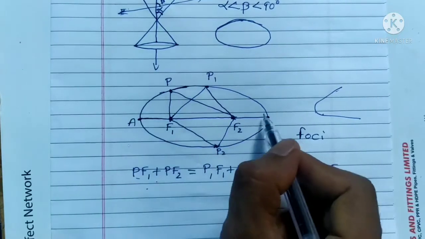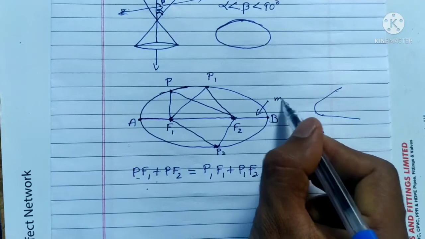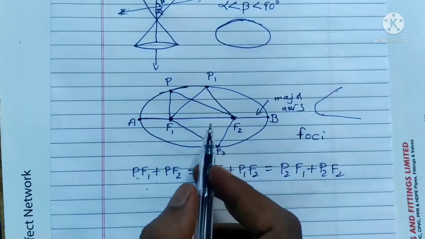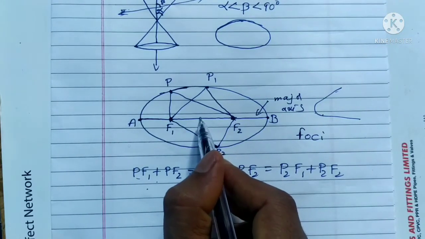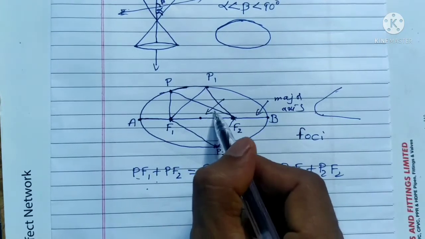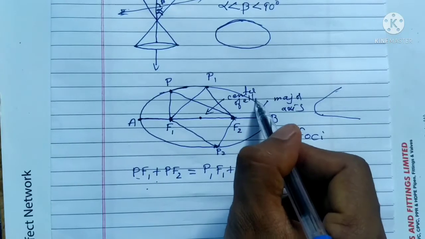If I consider A and B, the line AB is called the major axis. The midpoint of F1 and F2, somewhere here, is called the center of the ellipse.